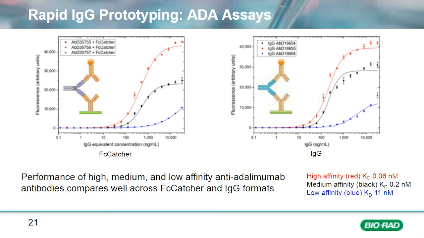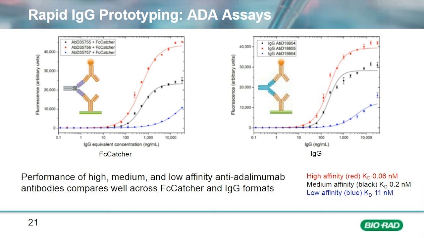So here our anti-idiotypes can be used as serological controls to simulate that immune response. In these two graphs, we have three different Fab clones: a high affinity, a medium affinity, and a low affinity anti-drug antibody.